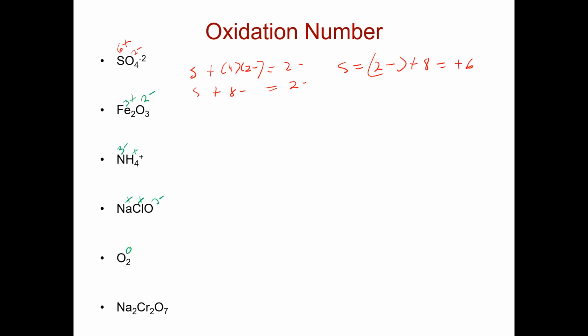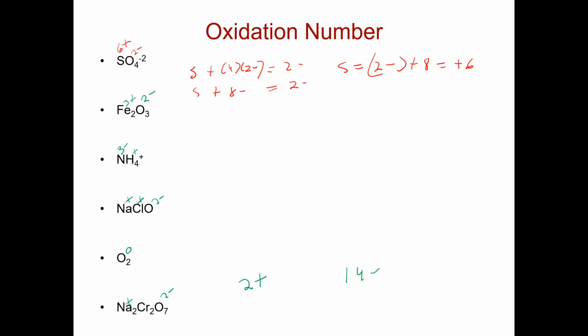If we look at sodium dichromate here, sodium is in group 1A, so it has a 1+ charge on it. Oxygen has a 2- charge because this is not a peroxide. So we have a total of 2 positive and a total of 14 negative.